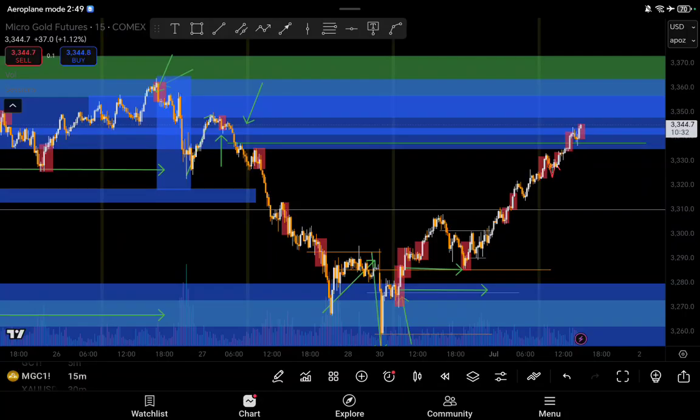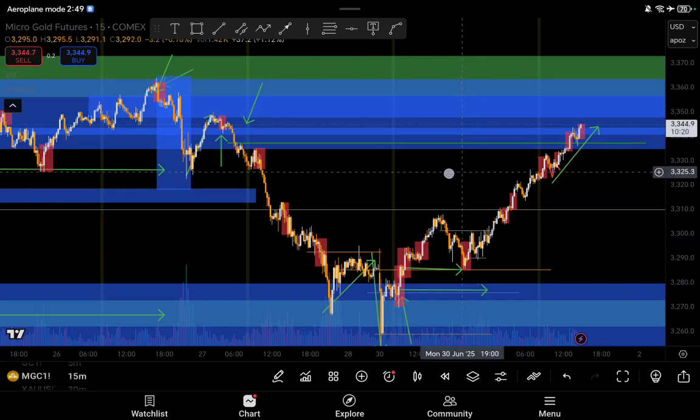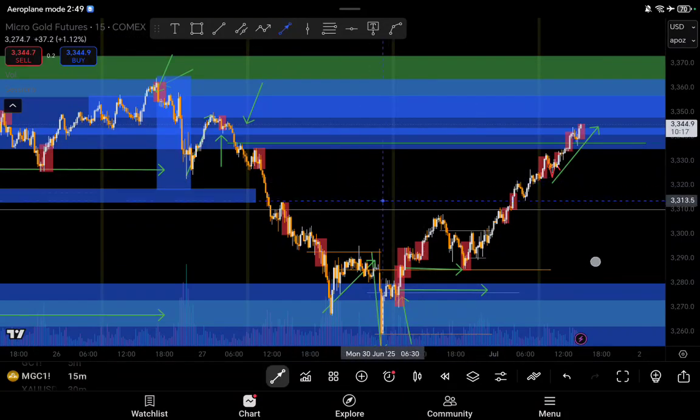So this is today's movement. Since the Asia open the market is still in a bullish movement. Today is Tuesday, and yesterday started at the New York Asia session. So it's 6 o'clock market open.